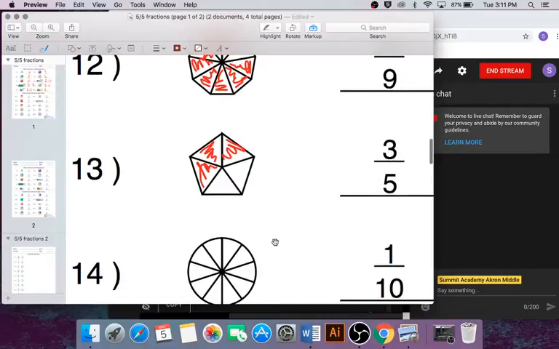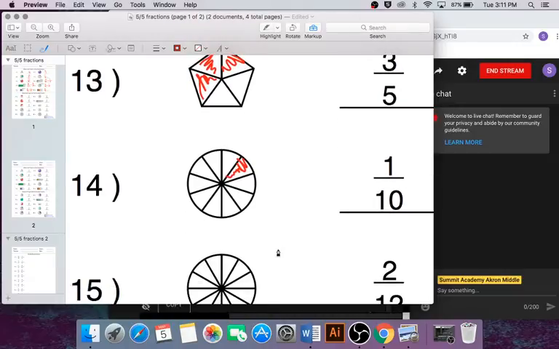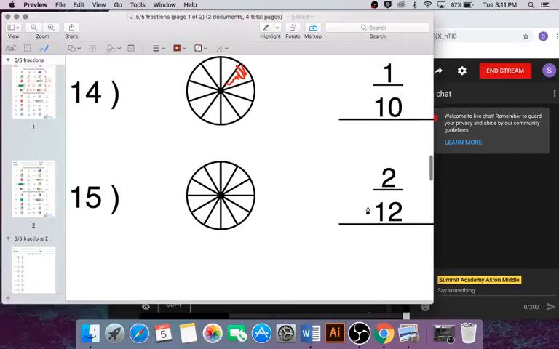Number 14, our whole circle is cut into 10 pieces, and we're going to shade in 1. Number 15, our whole circle has 12 pieces, and we're going to shade in 2 pieces.